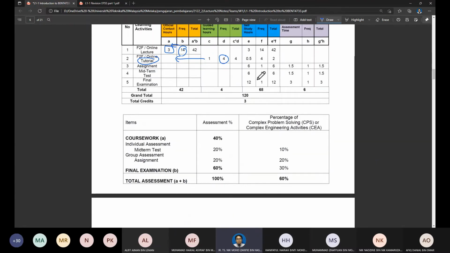Okay, so the distribution of marks for how we assess students is separated like this: midterm 20%, assignment 20%, while the exam is 60%. Meanwhile, we have 4 questions. Each question contributes 15 marks, while this one is, I think, 10 and 10.